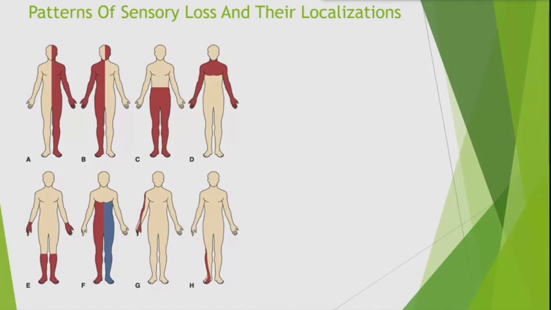And what is happening to picture G? Carefully look at the picture. Affecting sensory roots. Sensory root, excellent, very good. Can you tell which root is it? L5. Upper limb, how can it be L5? Sorry, sir.